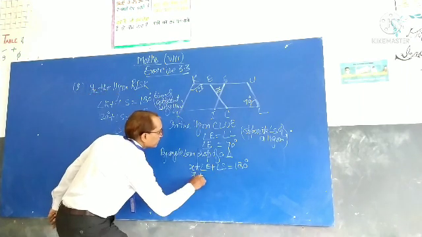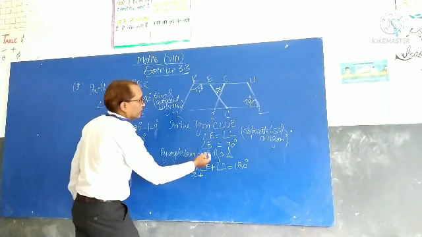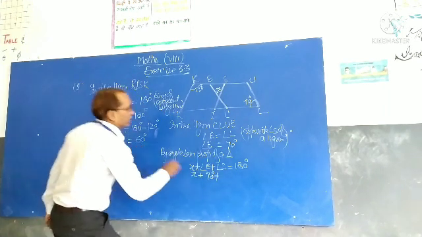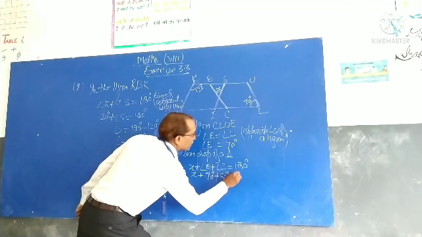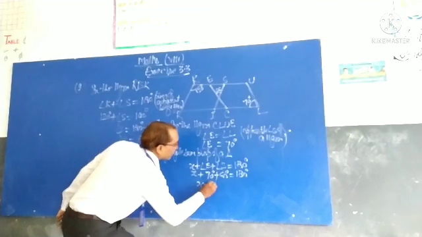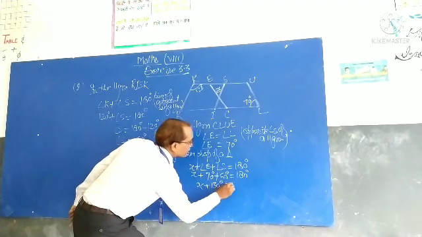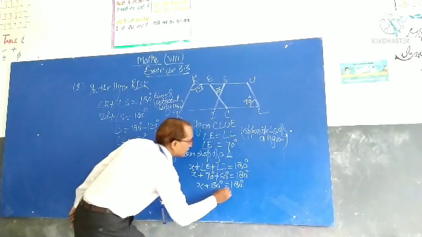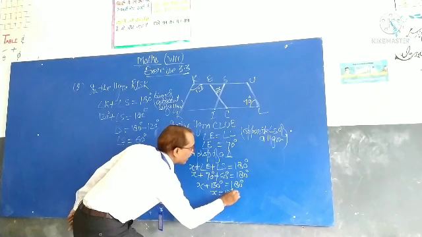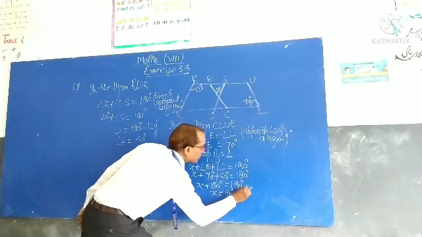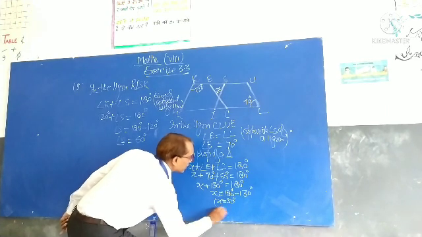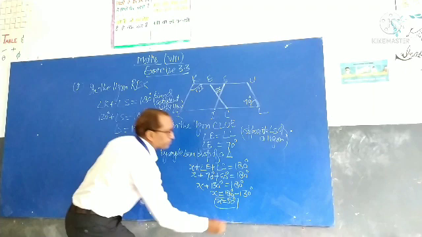X plus angle E is 70 degree plus angle S is 60 degree is equal to 180 degree. X plus 130 degree is equal to 180 degree. Then X is equal to 180 degree minus 130 degree. X is equal to 50 degree. It is your answer.